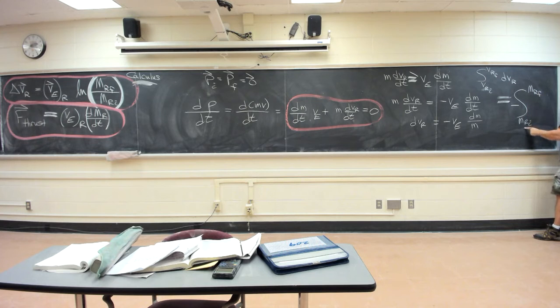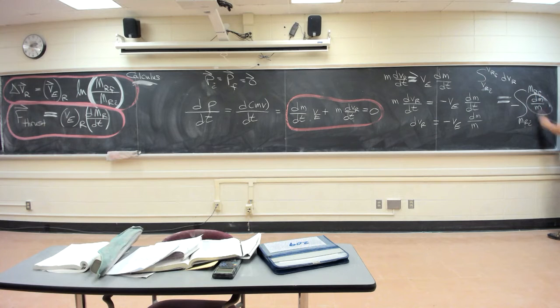Well, this is a bigger mass. The initial mass of the rocket is bigger than the final mass of the rocket because the rocket loses mass by expelling exhaust. And it's dm over m.